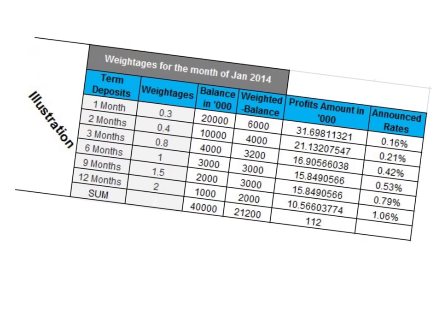As you can see, the distribution of weights starting from 0.3 up to 2 across time-based classification from 1 month to 12 months. You can also see here that the weight for 12 months deposit is twice the weight of 6 months deposit.